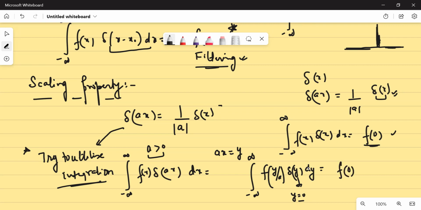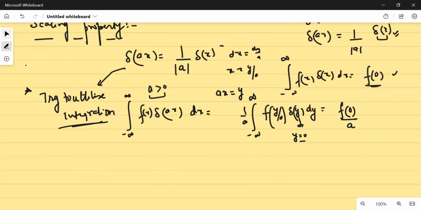But this dy would be dy upon a, because x is equal to y upon a, so I can write dx equals dy upon a. You can clearly see that this is dy upon a, so this gives the result f0 upon a. Is that clear?